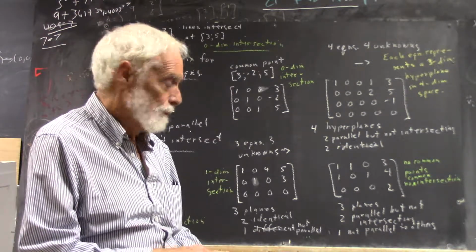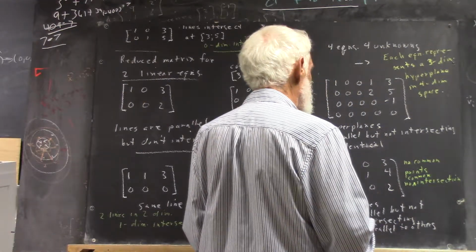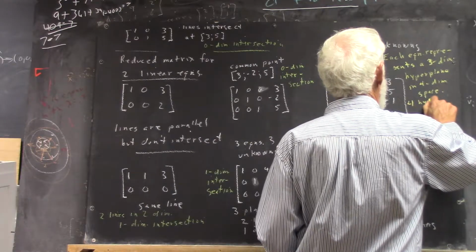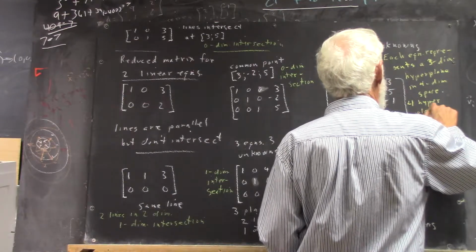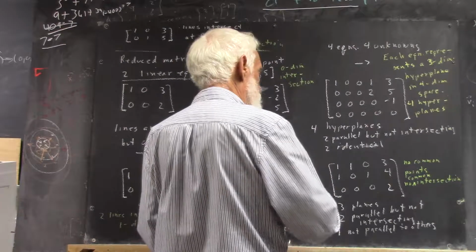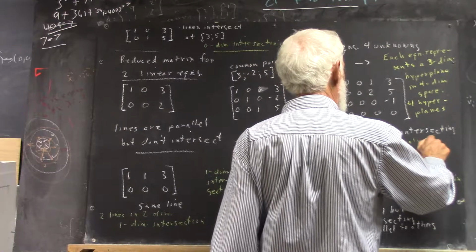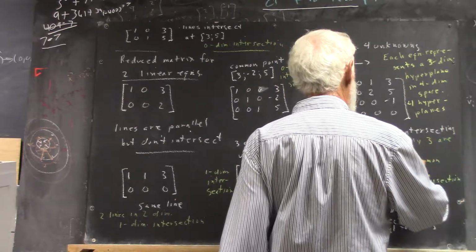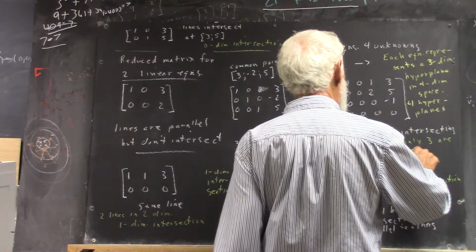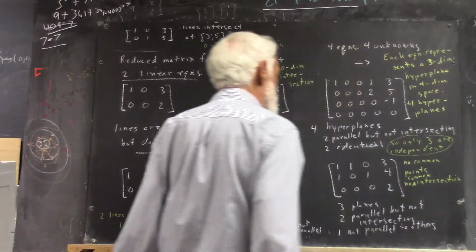Okay, so we can say we have four hyperplanes. But now we get down here and we can say, and independent might not be a good word to use.